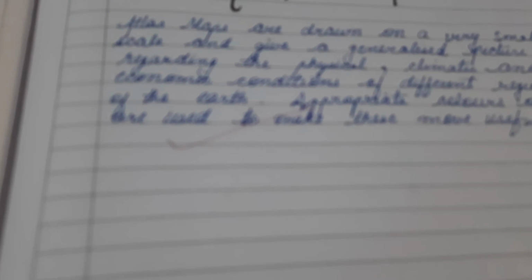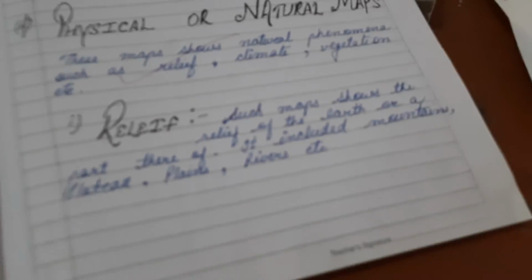and give a generalized picture regarding physical, climatic, economic conditions of different regions of the earth. Appropriate colors are used, like for mountains we use brown color, for greenery we use green color, and for water bodies we always use blue color.